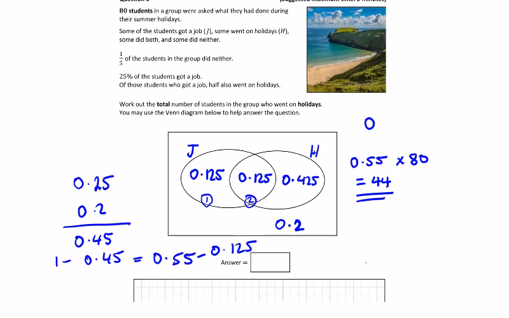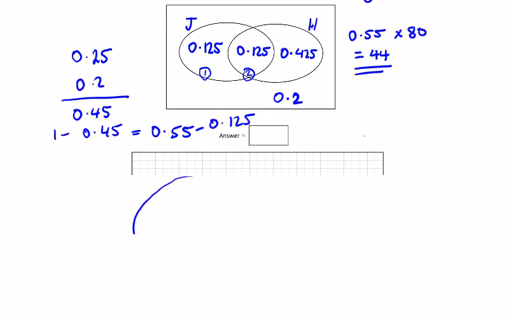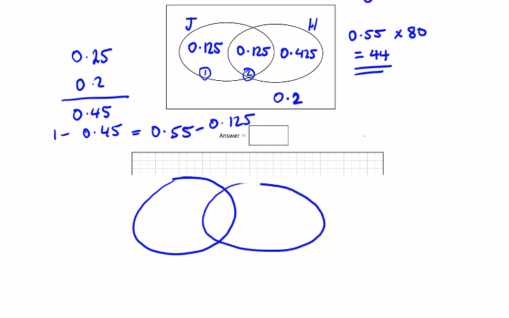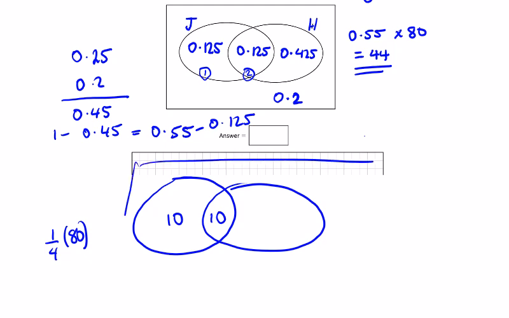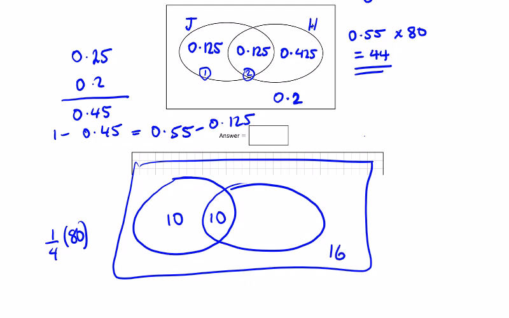Another way to look at it: 25% of the students got a job, which is a quarter of 80. So that would be 20. So half of them, 10 and 10 in there. What did we have on the outside? 20% of 80 was 16 on the outside. 20, 20, 20, 10, 10, and 16 is 96.